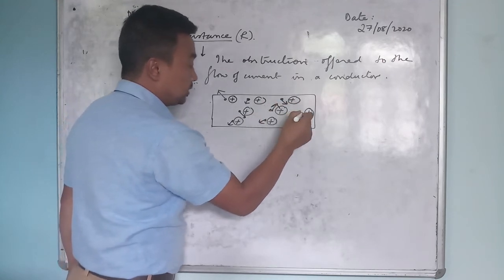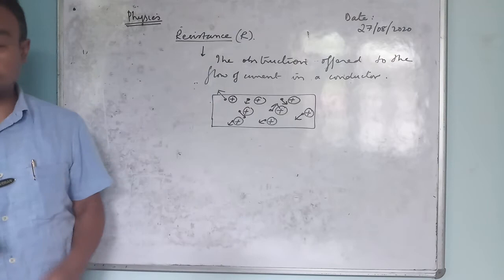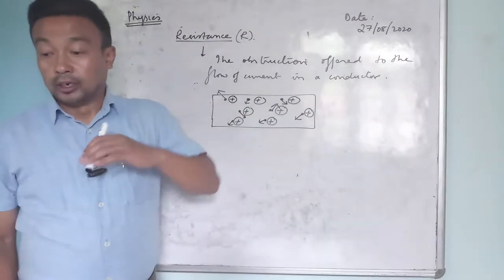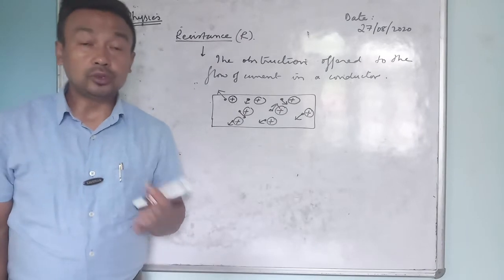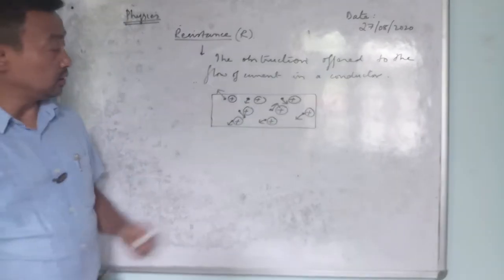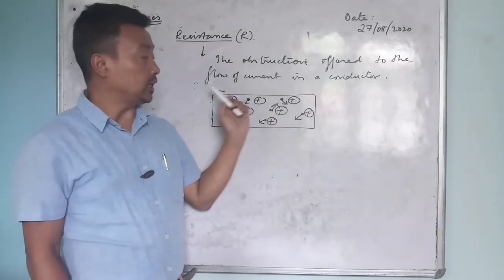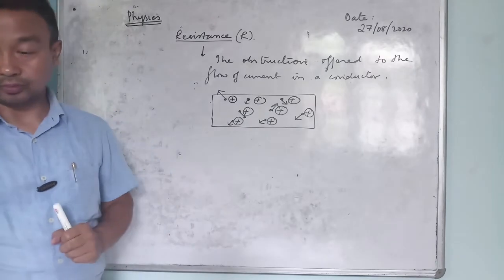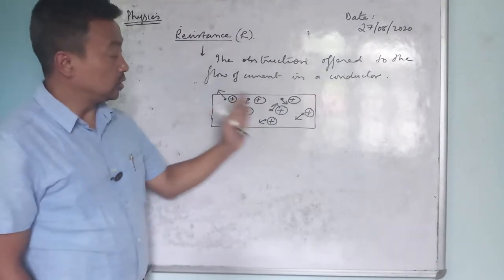The electrons move randomly in any direction, continuously. They do not follow any particular direction. So the end result is there will be no current produced.